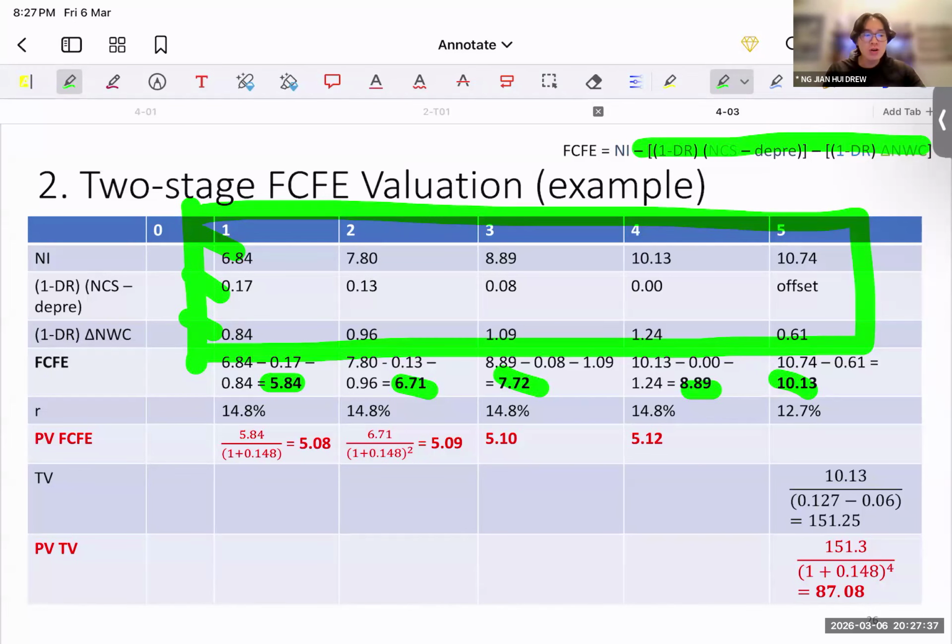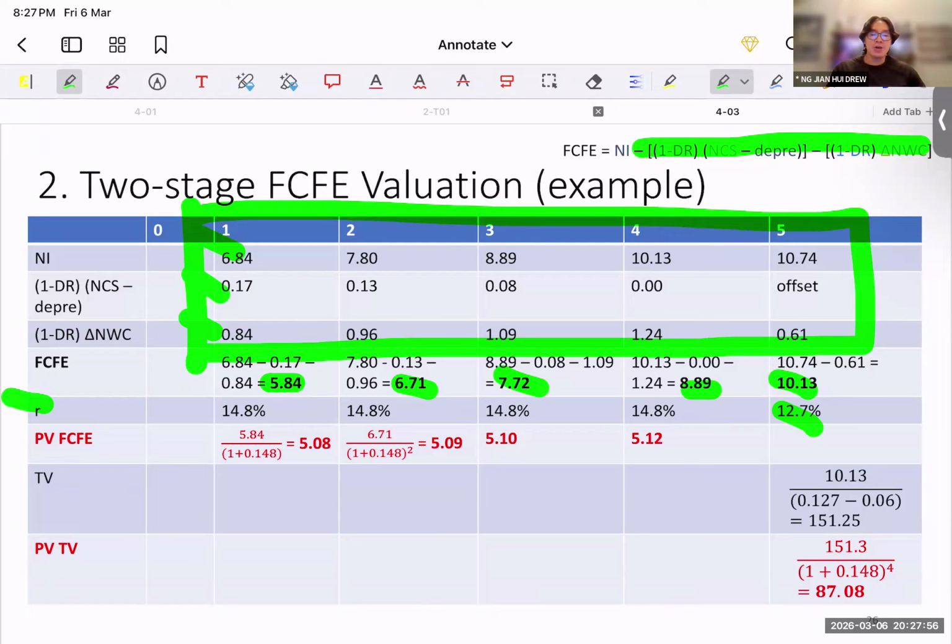However, again, we cannot stop there. We need to find the present value, but please be careful that our return on equity for the first 4 years is 14.8, while our return on equity in the 5th year is 12.7. So there's going to be a slight difference in terms of our return on equity.